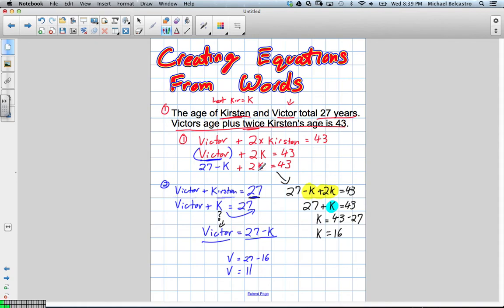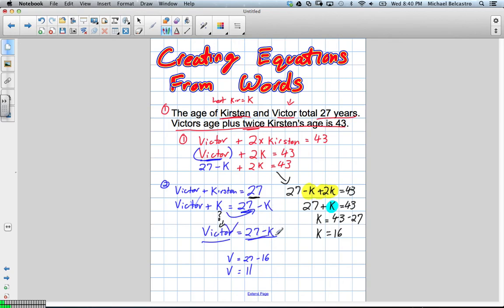Okay, so that's the key: how do we relate something to be one variable? And this can be very tricky. It's easiest to really think of this as two variables. Well, we could have just called this V the whole time, right? And I needed to find a replacement for V. How could I relate V to K? Okay, well, we know V plus K is 27. So I moved the K to the other side.